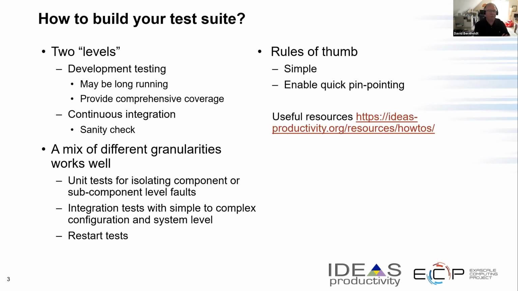So you want to try to catch things before they get into the shared code base. The way to do that, in most people's opinions, is to have a set of tests that are fairly cursory. They check some basic things, but they do it quickly so that you can run them anytime you're doing a commit to the repository or updating a pull request.